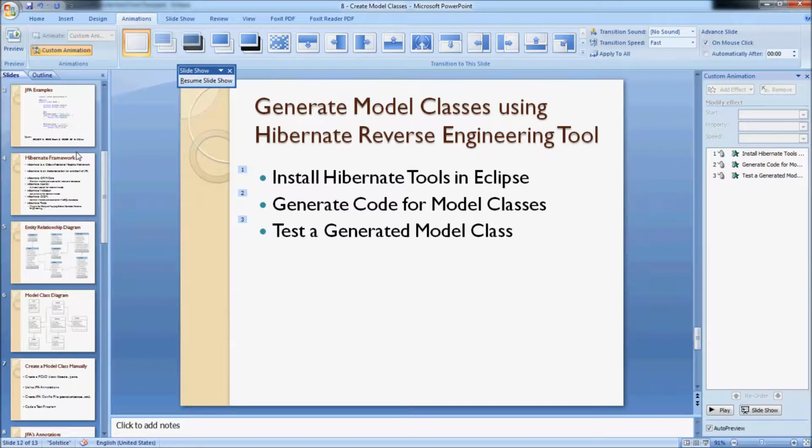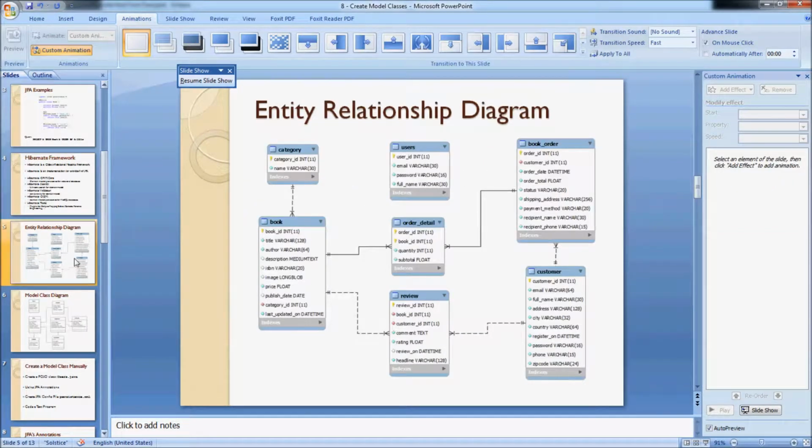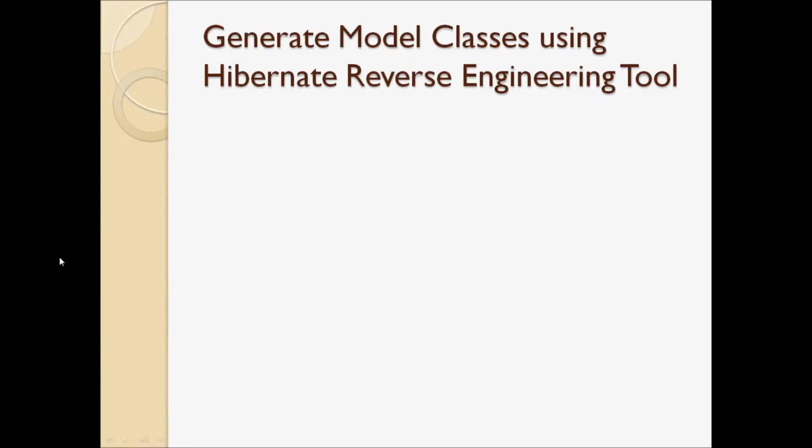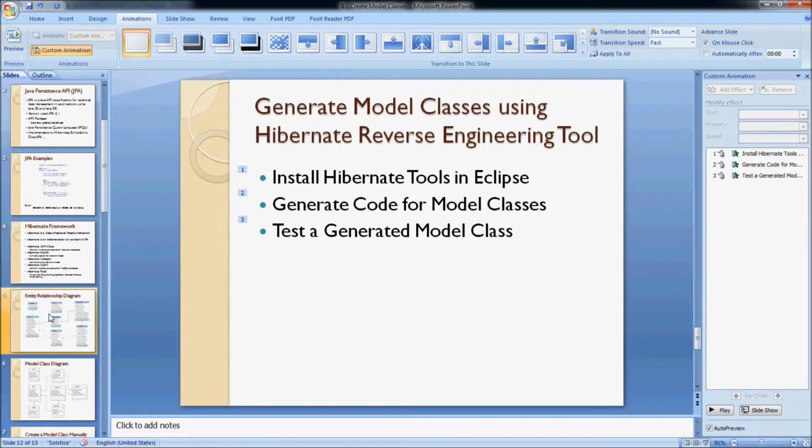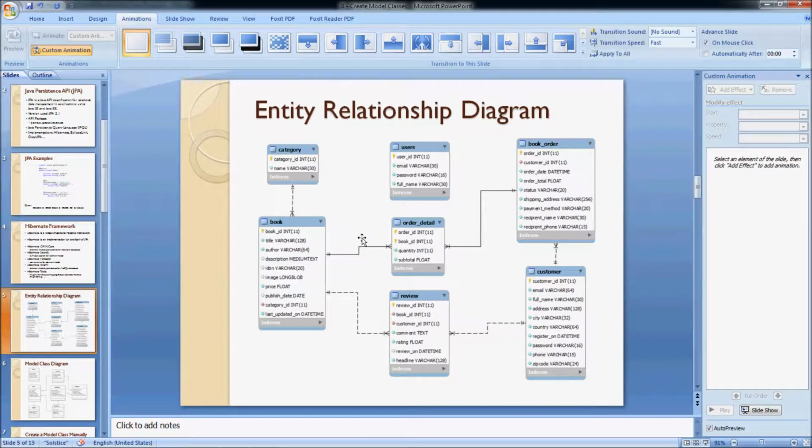As you can see, these are the tables in the database, and so far we have created only one Java model class to map to the user table, and for the rest of the tables we need to create corresponding Java classes as well.